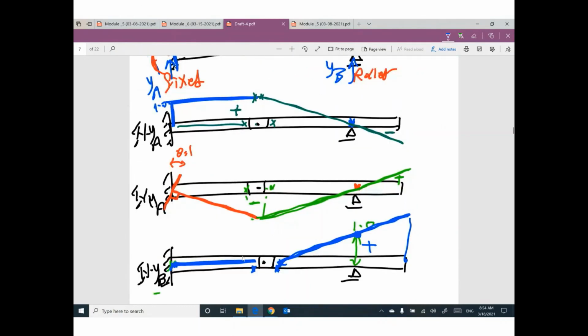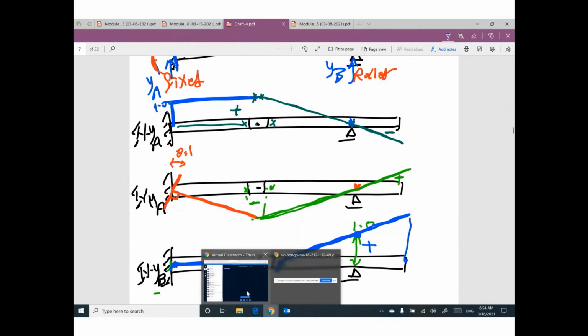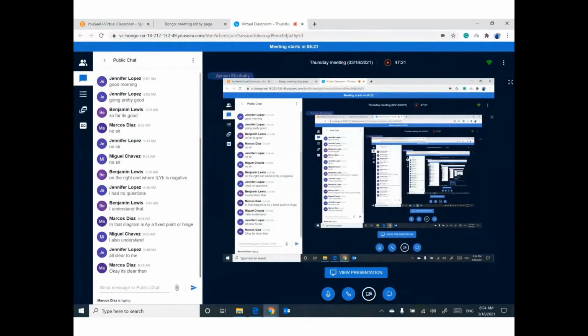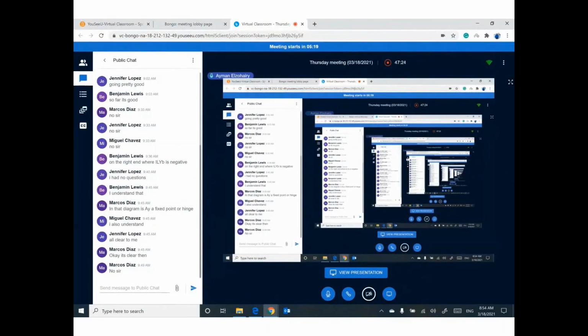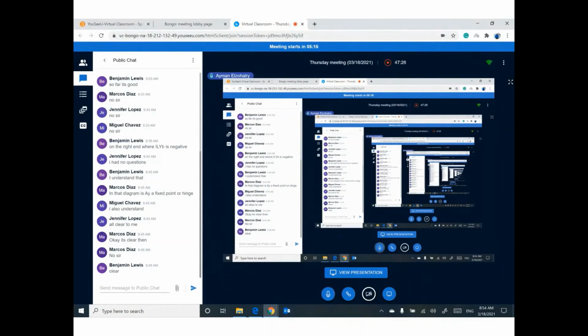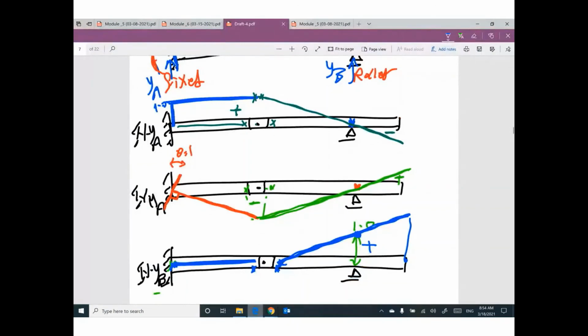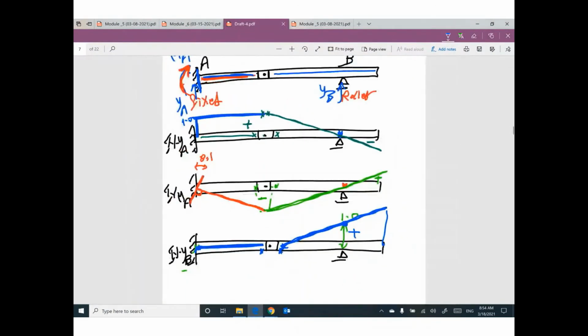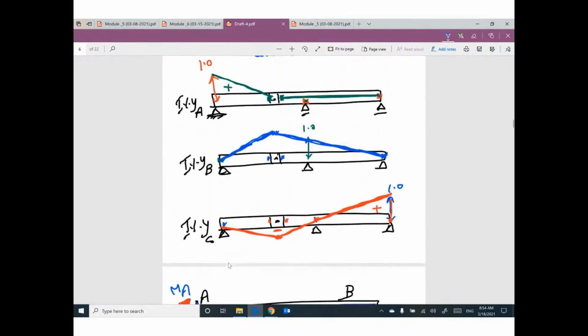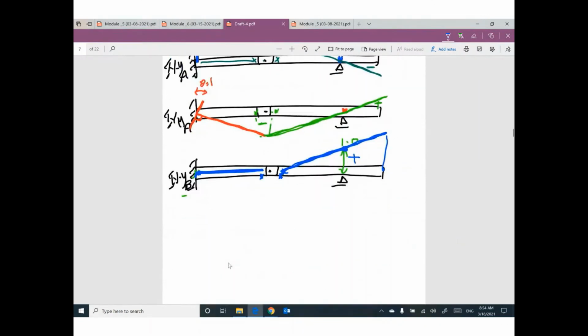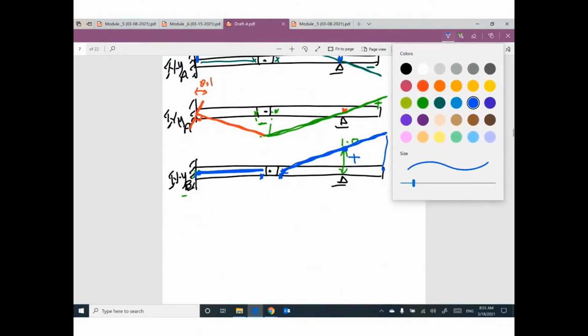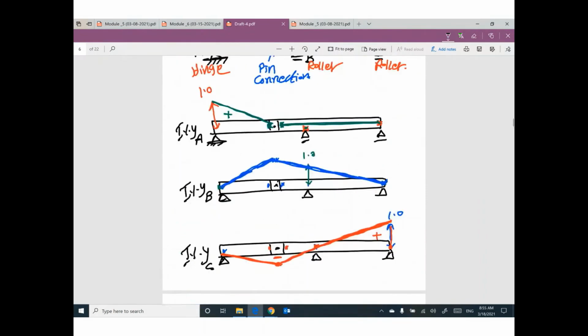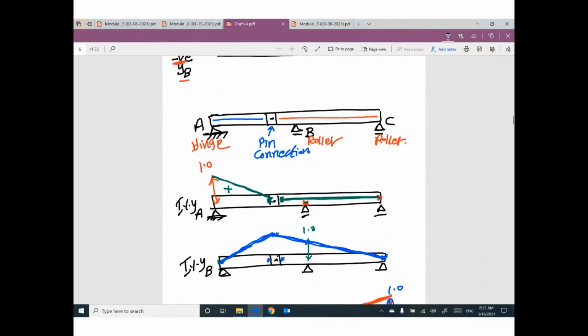Any question for this example so far? Any question? Okay. I don't need to cover this because I covered all of these diagrams before. What I need to do is, for this example, what is the influence line for shear at E?